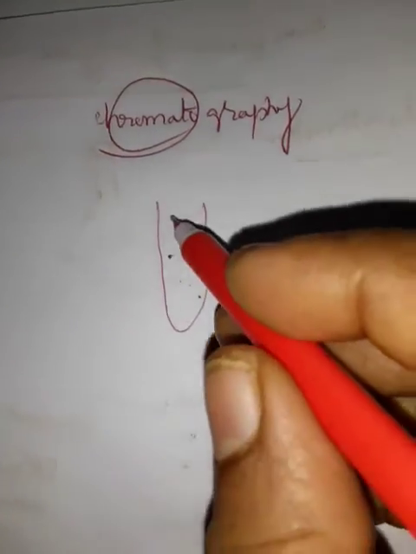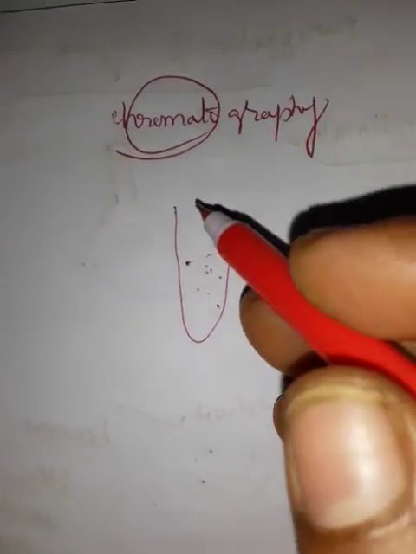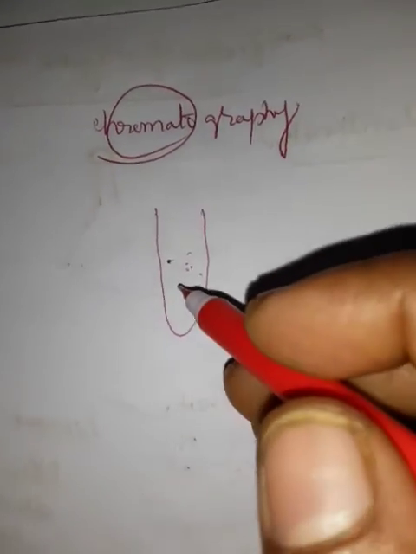The main principle behind chromatography is that it consists of two phases. One is the stationary phase and the other is the mobile phase, or moving phase. Stationary phase means it is fixed. If the stationary phase is a solid, the mobile phase is a liquid.